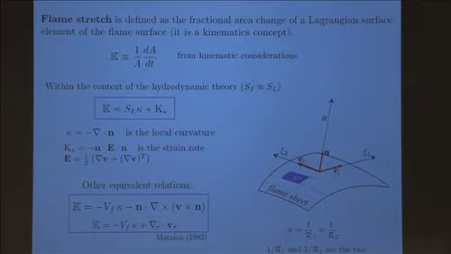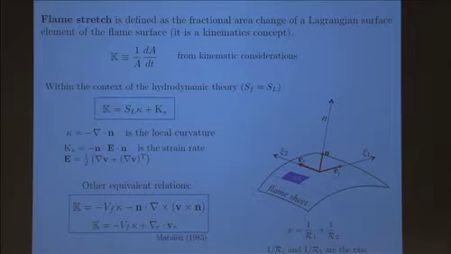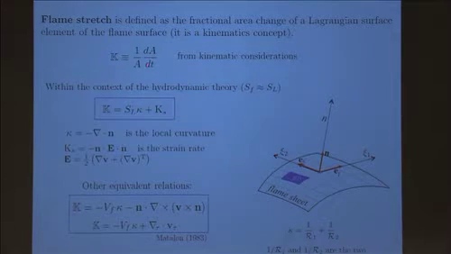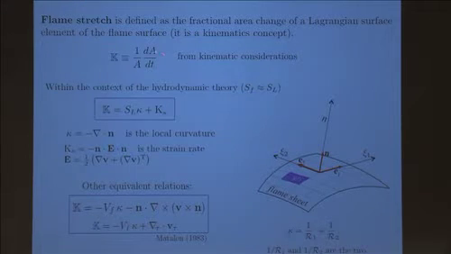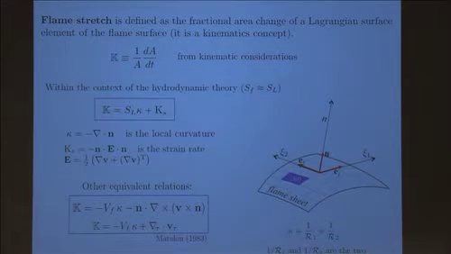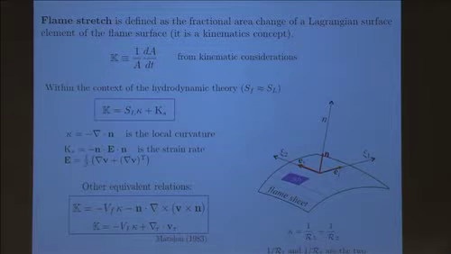And so flame stretch, we have defined it before as the fractional area change that results when the flame propagates, namely 1 over A dA/dt. Now this is good. We have seen that we can compute this right away for simple configurations, but what if the flame is highly curved and multidimensional?